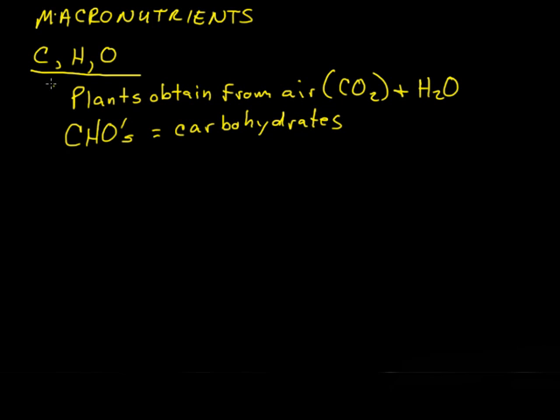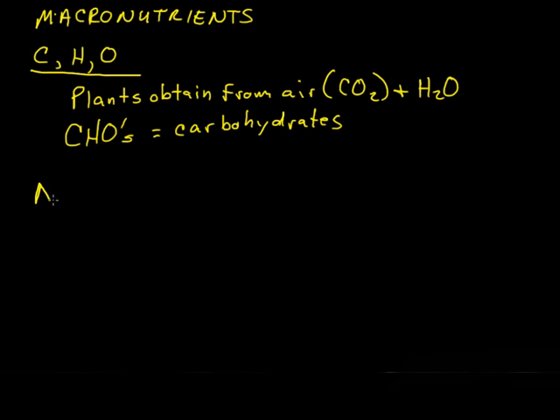So we don't see deficiencies of carbon, hydrogen, or oxygen because there's air and usually there's plenty of water. In fact, I guess you could say a deficiency of hydrogen would be a drought condition, but we don't typically call that a deficiency in carbon, hydrogen, or oxygen.